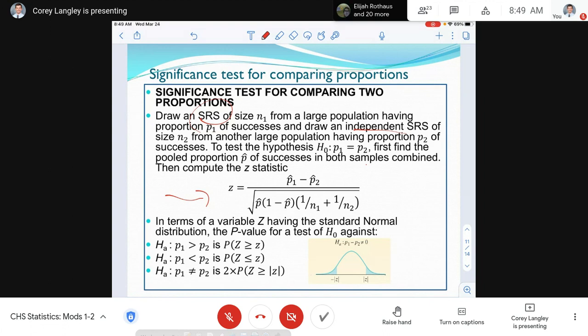Down in the denominator, square root of p hat, our pooled proportion that we just spoke of, times its complement, multiplied by 1 over n1 plus 1 over n2. Okay, adding the inverses of the two sample sizes together. And you see in the bottom of the slide there, the direction of the alternative hypothesis.